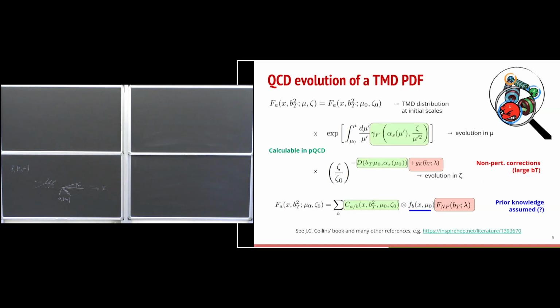If you think about these corrections, about this structure here, we know that we have things that we can calculate and things that we cannot calculate and have to fit to experimental data.